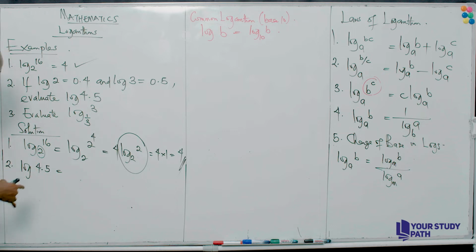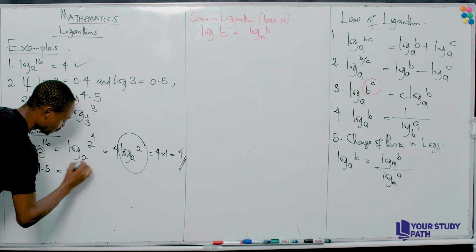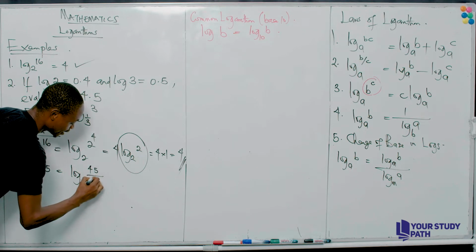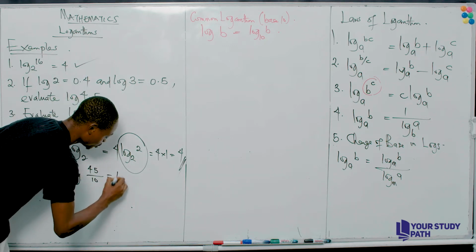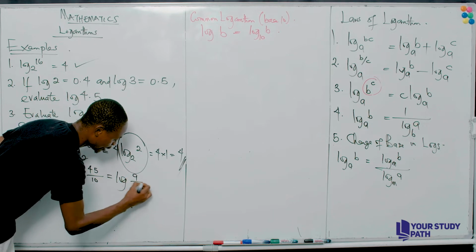Now, do not forget that 4.5 is a decimal, so I can write 4.5 as 45 over 10. And then 45 over 10, if I cut this into lowest terms, this will give me log 9 over 2.